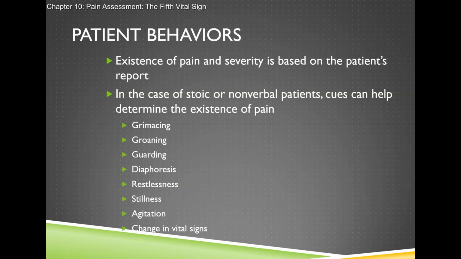And then it has scales, 0 to 10. 10 is always, you guys, the worst. Okay, and that can help you assess a person's pain. It usually has a numeric rating.